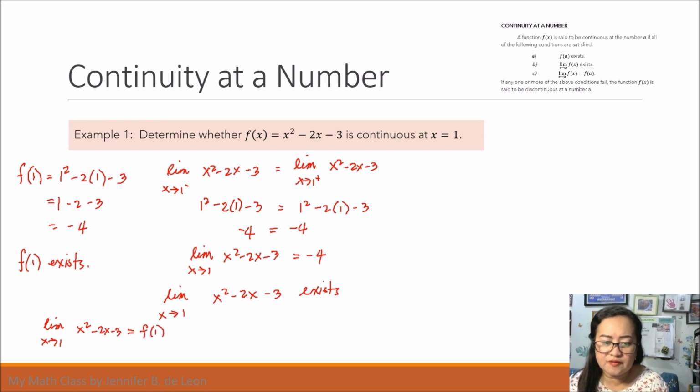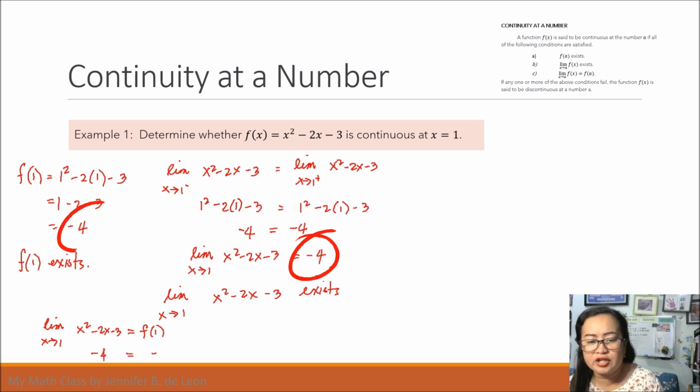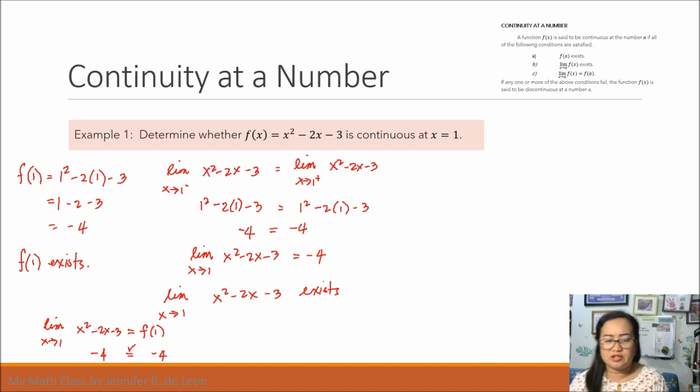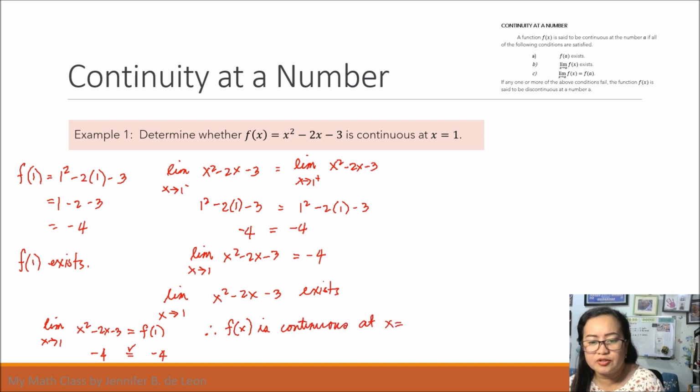Now, we can see that this is equal to negative 4 and f of 1 is also equal to negative 4. Then we can conclude that the function satisfies the third condition. So with this, we can confidently say that f of x is continuous at x equals 1.